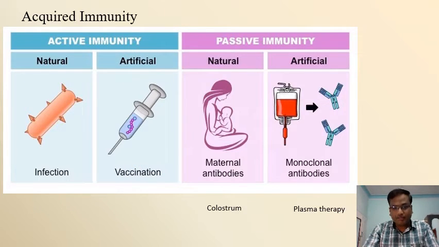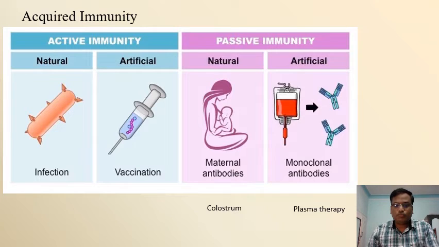And as I already mentioned, under passive immunity, the antibodies are transferred from the mother to the embryo just before the birth. That is how individuals get immunity in a natural passive way, and even after the birth the mother is going to transfer the antibodies through her breast milk, which is called colostrum, which is very rich in antibodies.